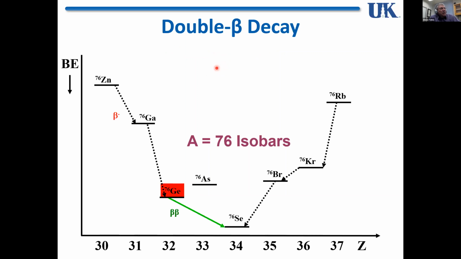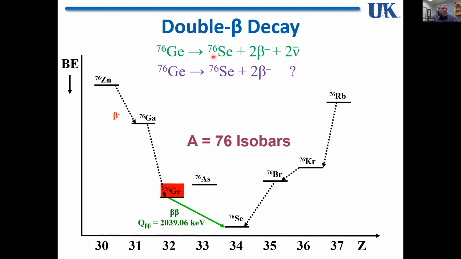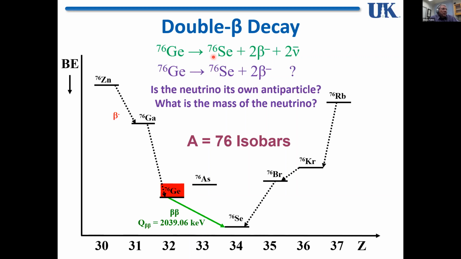The question then is whether double beta decay occurs by the emission of 2 antineutrinos as shown here, or whether it can occur with the emission of no neutrinos. The second process is the one which is being sought by a number of people. This is going to give us an idea of whether the neutrino is its own antiparticle, and if we observe it, we can determine the mass of the neutrino.